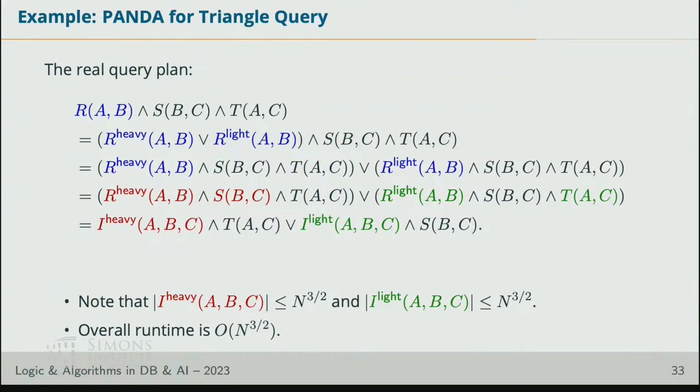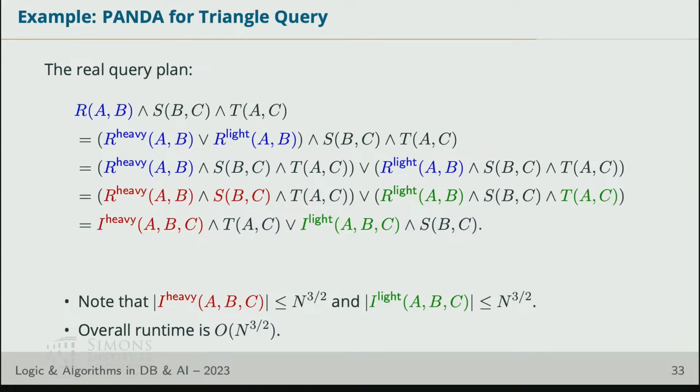So the number of A's whose degree is more than root n has to be less than root n, because you cannot have too many heavy A's. Otherwise it would be more than the size of R. Because the number of heavy A's is less than root n, when you join these together, you get something smaller than n to the 1.5.